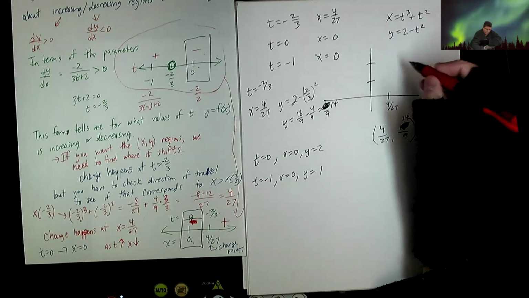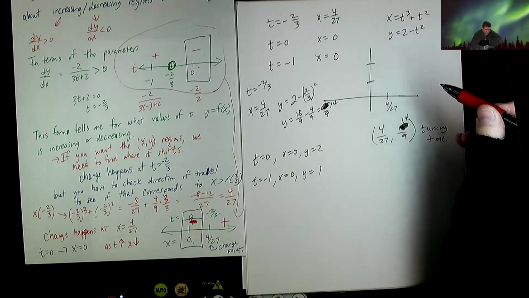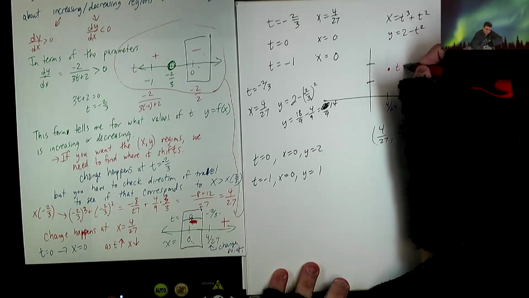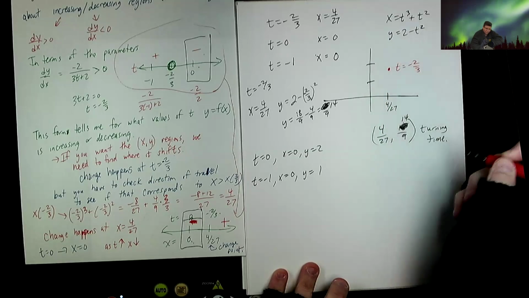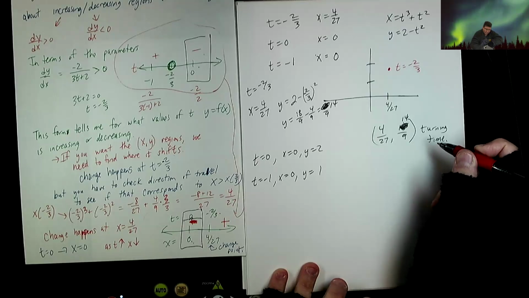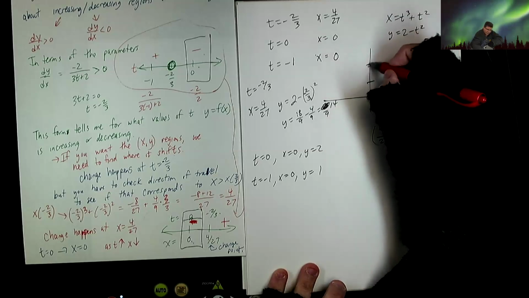At t equals negative 2/3, we are right about there. T equals -1 is up here.